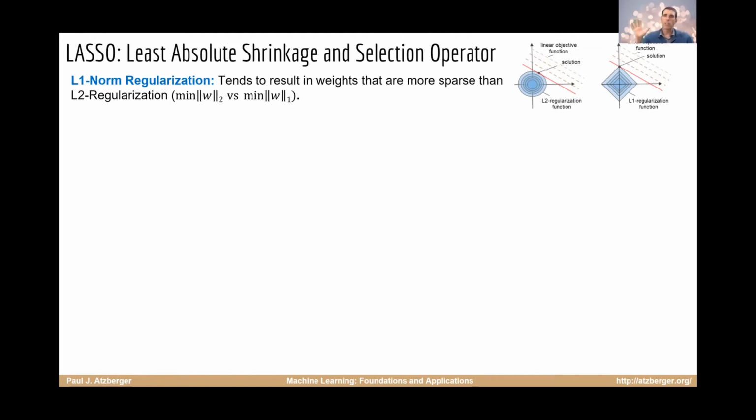And so you can just imagine doing this in much higher dimensional space. This diamond shape will tend to pull the solution towards a coordinate axis, which has the practical implication of actually sparsifying my weight vector. In other words, it'll tend to zero out many of my weight components, only keeping the bare essential ones that I need in order to get a good value for the objective function.